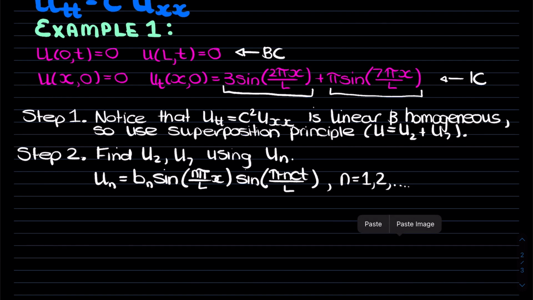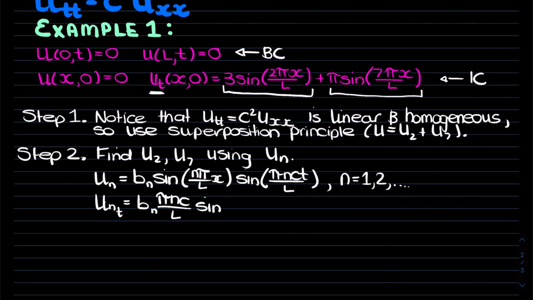You'll notice that this is a derivative here, so we're going to need to take the derivative of u_n with respect to t. So u_n,t is just going to equal b_n (nπc/L) sin(nπx/L) cos(nπct/L).